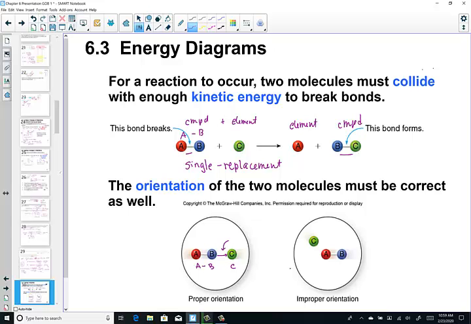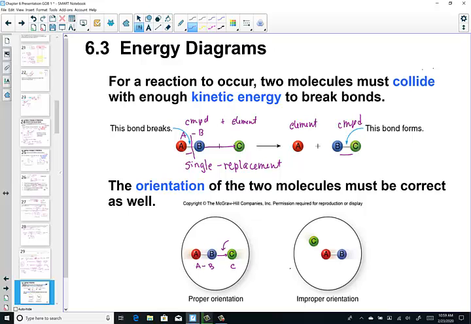Notice that the compound BC is a new bond that is going to form, and the bond that must break is A connected to B. So bonds break through collisions of molecules. And to be a successful collision, they must also have the correct orientation.